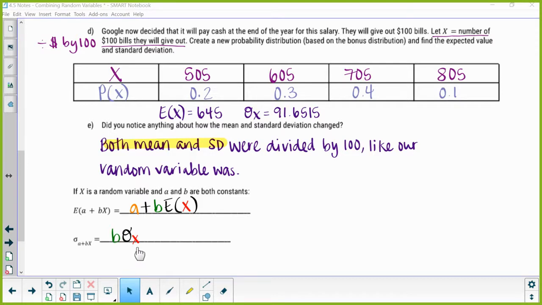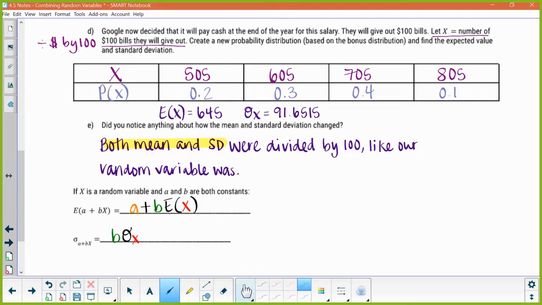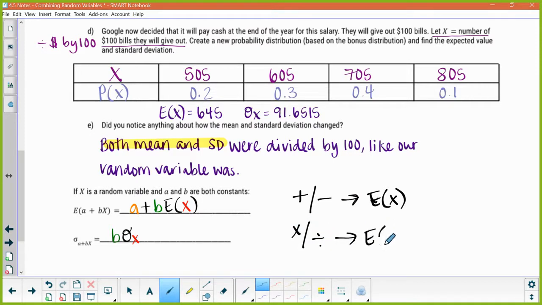So, big takeaway here: adding and subtracting will only affect the expected value, and multiplying or dividing will affect both expected value and standard deviation of x.